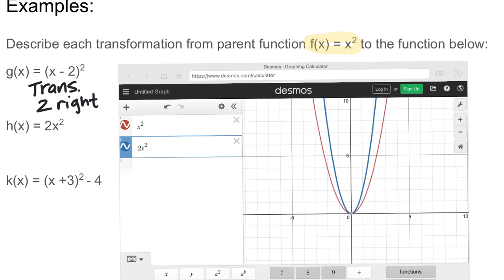It didn't flip over, so no, there's not a reflection, but it changed size, so that's a dilation or a stretch or a compression. We've got to decide which it is. So remember, it's a stretch if the new one gets slimmer, goes up faster than the old one. It's a compression if the new one is wider than the old one. So if the blue one is my new one, it is not as wide as the red one was, which means this thing has been stretched vertically. So it's a vertical stretch.